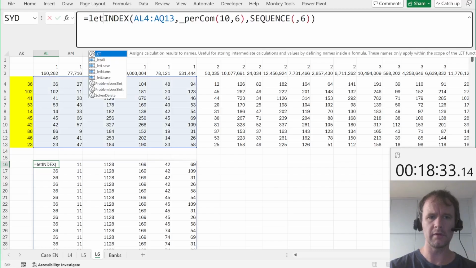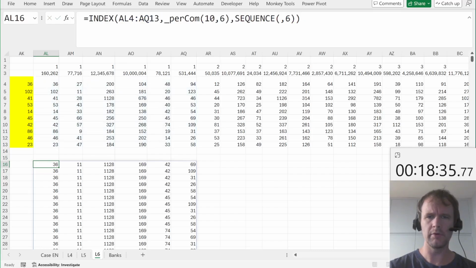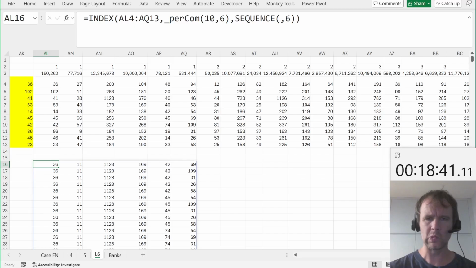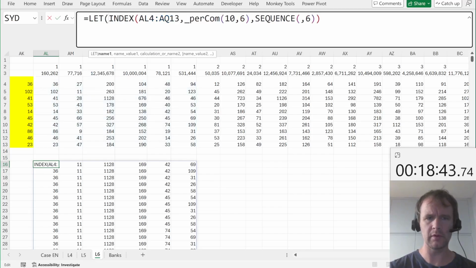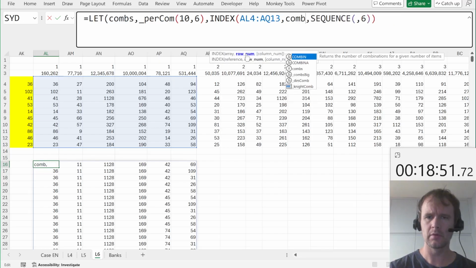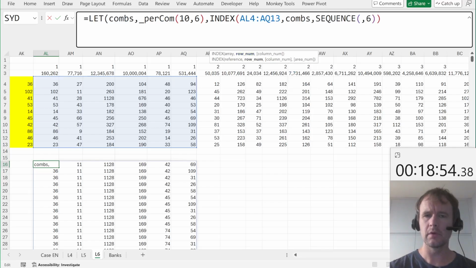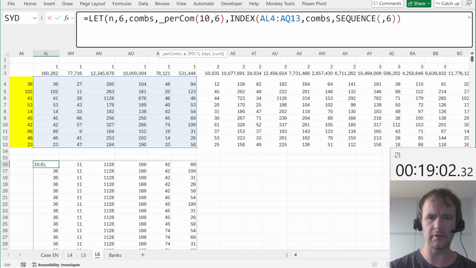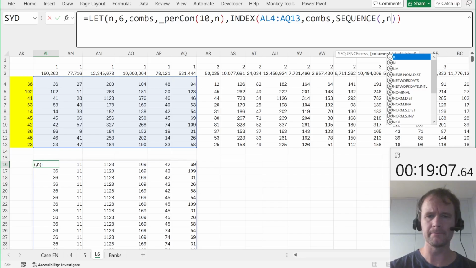So let's say let columns be 6. Actually, no, sorry, let n be 6. That'll make it easier to change later. And then we'll put n in there and n in there. Just leave that. Okay.